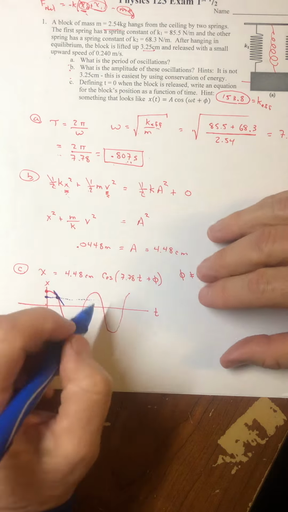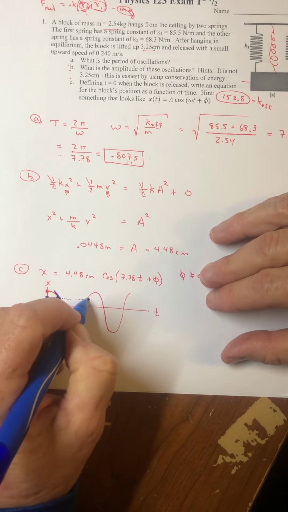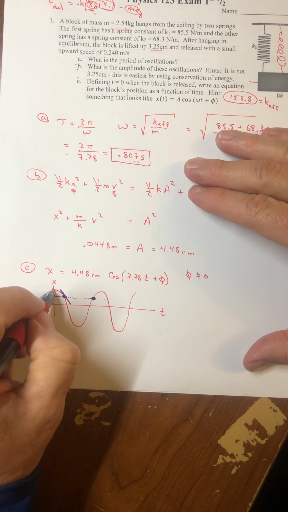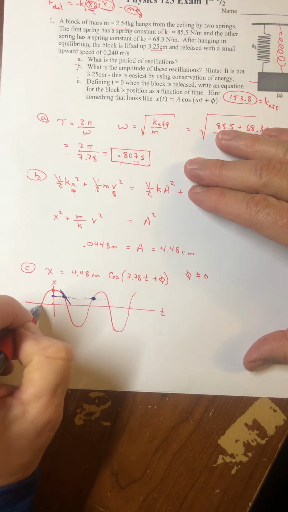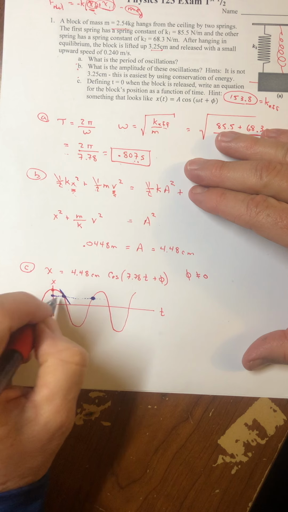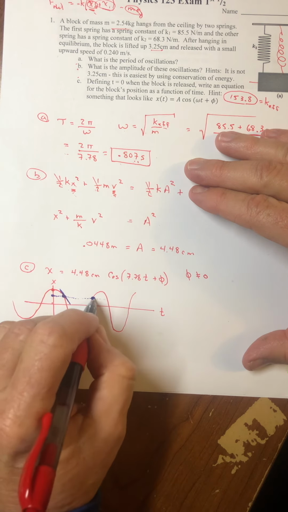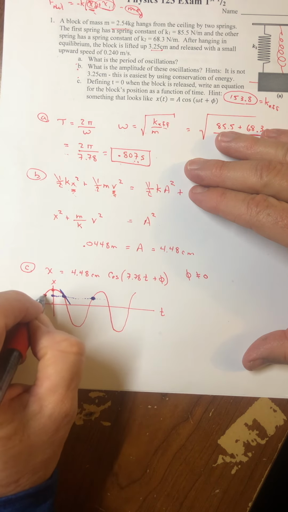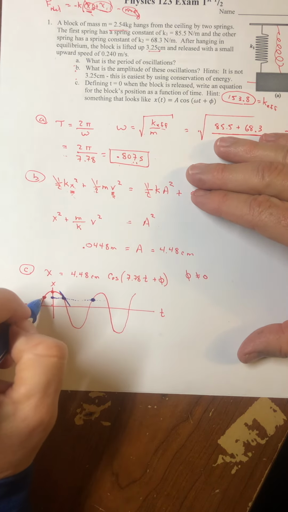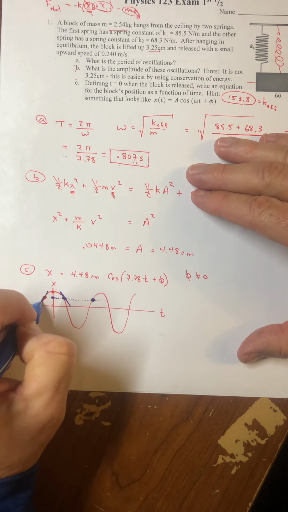So we're looking at this phase. Of course, the cosine function goes to negative here. And so this position is the same as that one, and that has a positive slope.